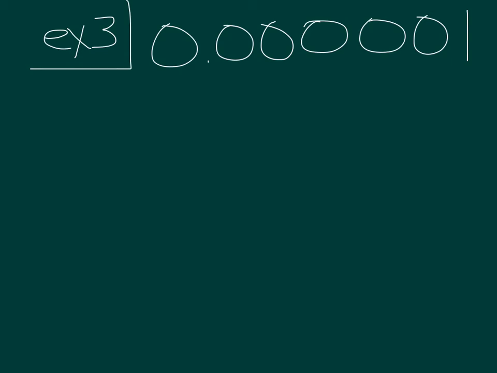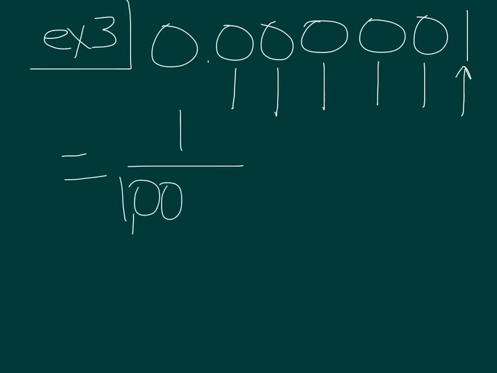So first of all, we need to understand what place this is in. This is tenths, hundredths, thousandths, 10,000ths, 100,000ths, millionths. So this is equal to 1/1,000,000th. And 1,000,000 as a power with an exponent.